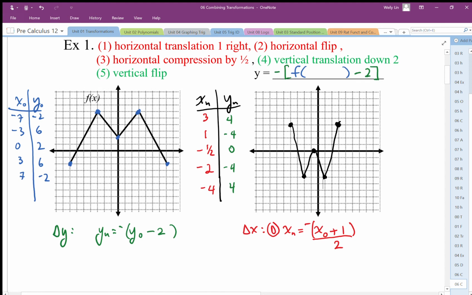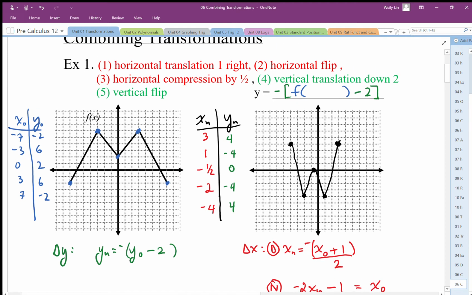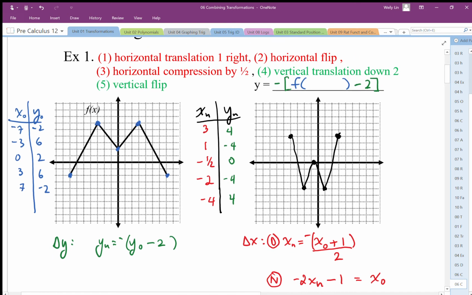So I've done all my transformations now. The only thing left is my notation, and this is where the reverse comes in. I have to do the opposite. So my notation, I'm going to undo this. I'm going to times by -2 first, and then I'm going to subtract 1. I'm basically solving this expression for the other x. So this becomes my notation. This is what I'm going to use in my function notation.